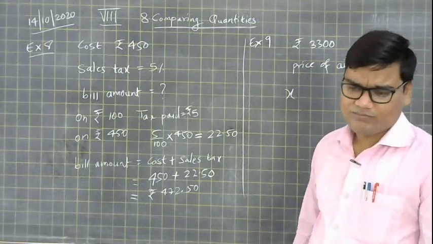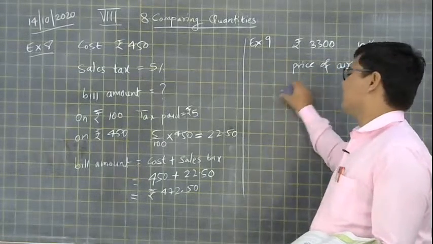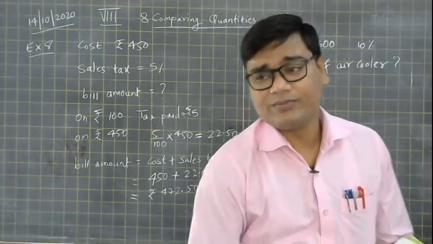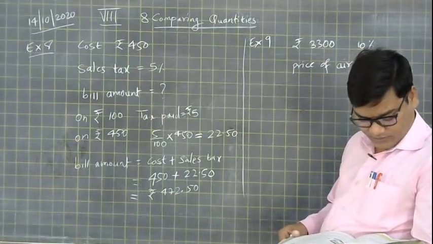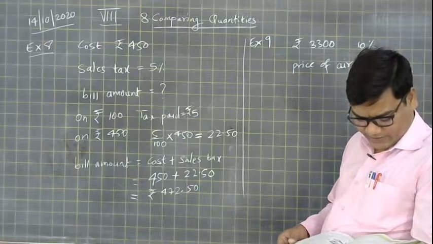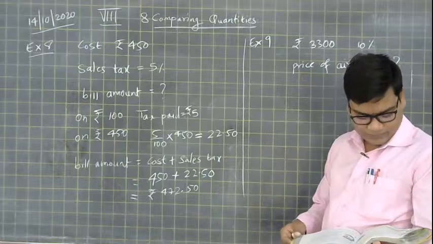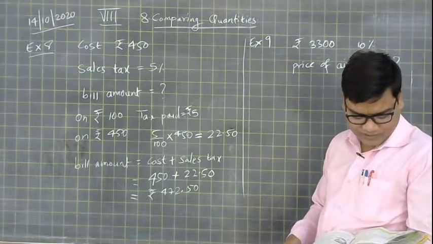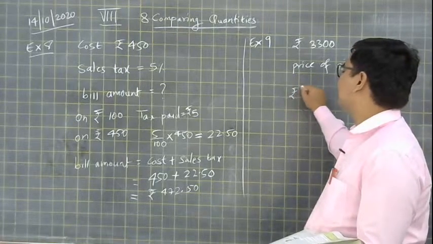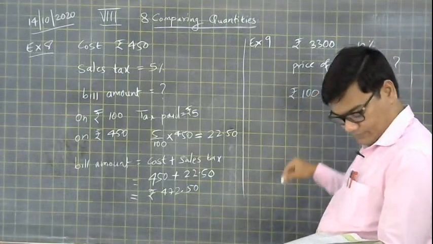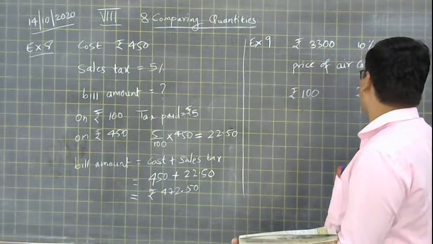We can do this by taking the variable X, or we can use the unitary method. Let us try the unitary method. The price includes the VAT, that is the value added tax. A 10% VAT means if the price without VAT is rupees 100, then the price including VAT is rupees 110.